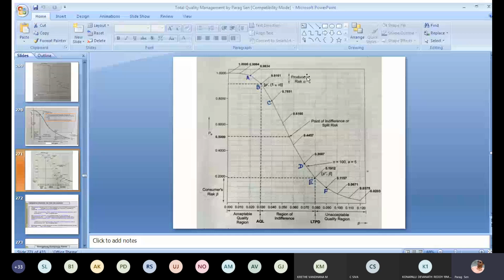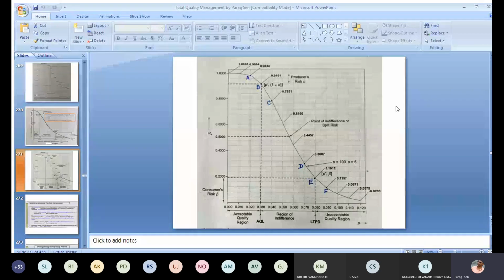So producer's risk alpha is given by 1 minus probability of acceptance. This is common sense, because the probability of acceptance deals with the probability of accepting the lot.